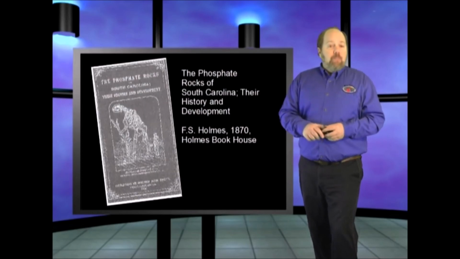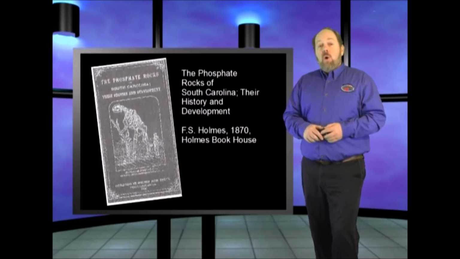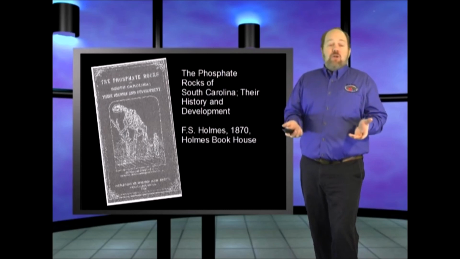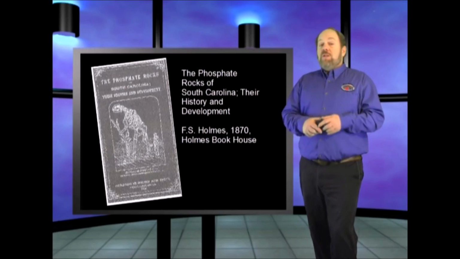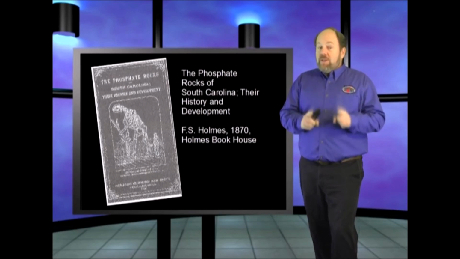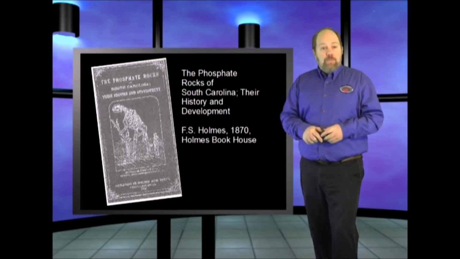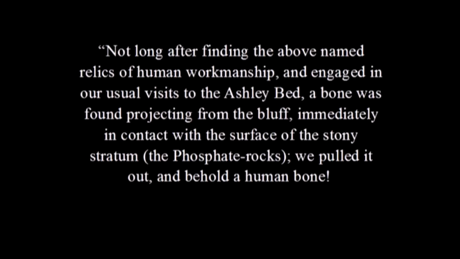Professor of Geology and Paleontology, F.S. Holmes, believed in the conventional evolutionary sequence, so he knew full well that humans and dinosaurs should not be found in the same layer. In fact, he wrote, "Not long after finding the above-named relics of human workmanship, and engaged in our usual visits to the Ashley bed, a bone was found projecting from the bluff, immediately in contact with the surface of the stony stratum, the phosphate rocks.